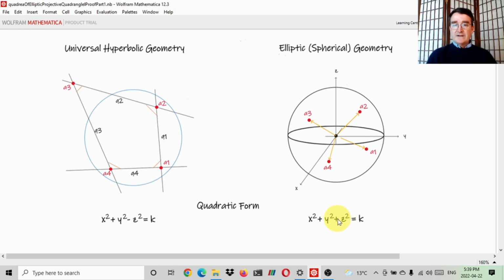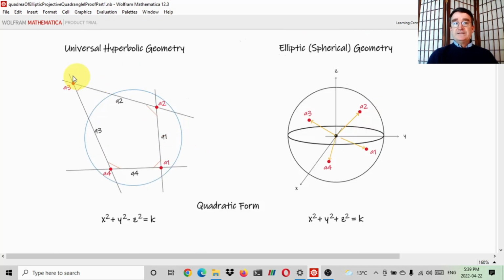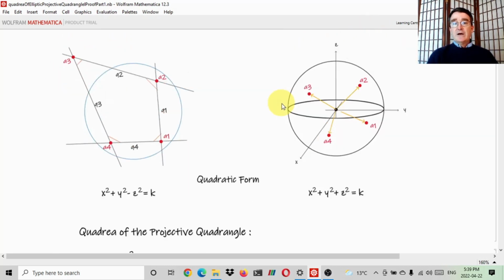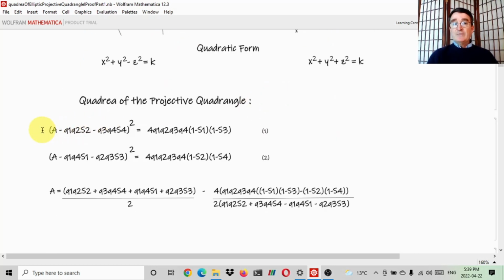So there's a plus sign here. So in both hyperbolic geometry and elliptic geometry, in projective hyperbolic geometry and projective elliptic geometry, the exact same equations are valid.